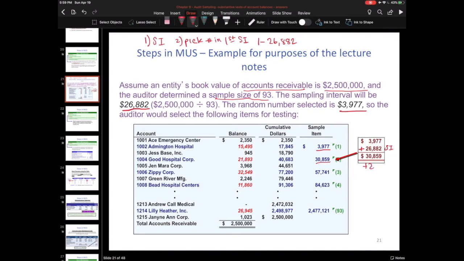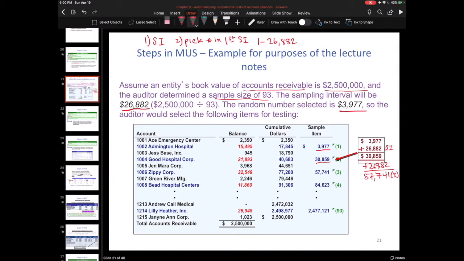Then again I add 26,882 and I get 57,741. So this is going to be dollar number 3 selected for testing. And so on and so on. I keep adding the sampling interval until I get 93 items for testing.